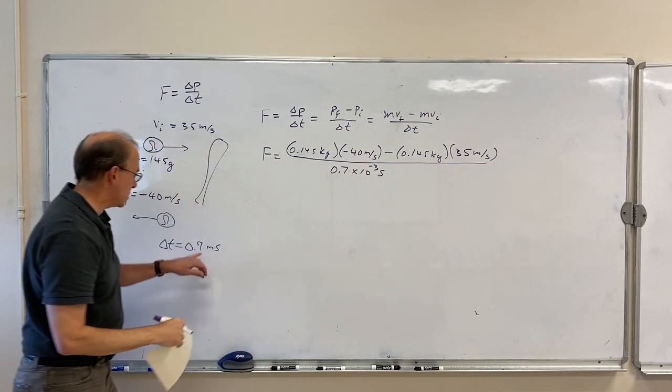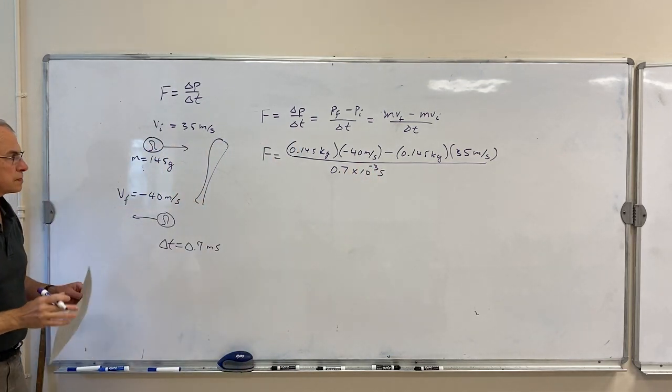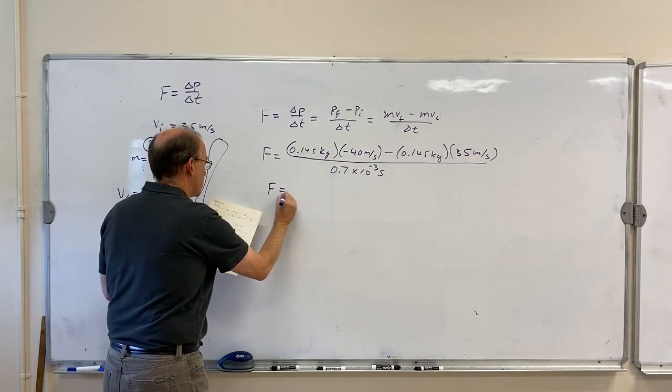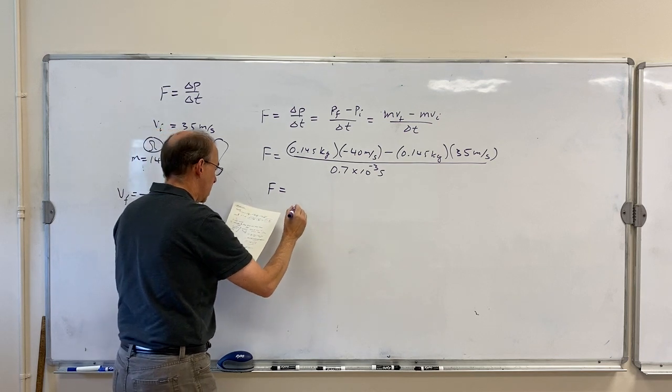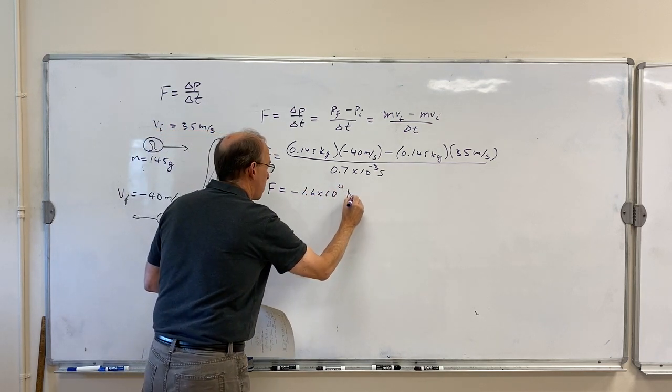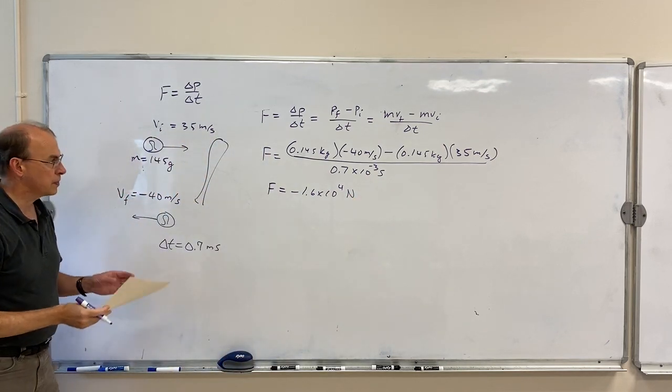It's 10 to the minus 3 because this was milliseconds. And I've keyed all that in, and you get a very large force for this very short time of minus 1.6 times 10 to the 4th newtons.